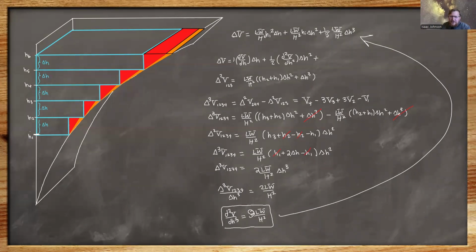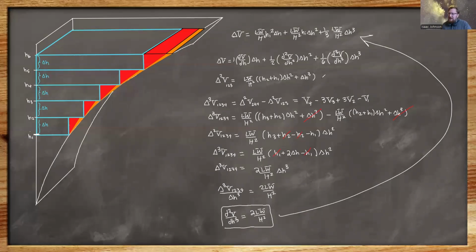We've got to change a 2 into a 1/3. So divide by 6. Then it's got the L, the W, and the H squared for free. And then we have to have the delta H cubed.